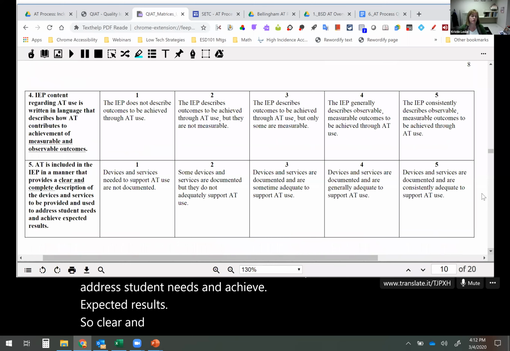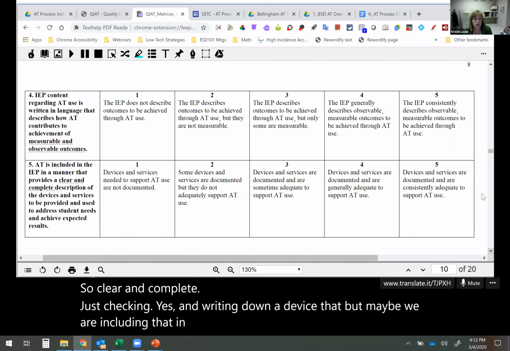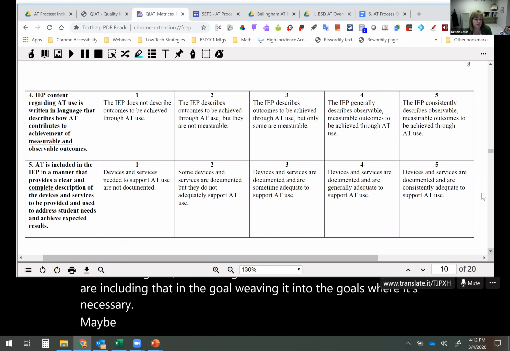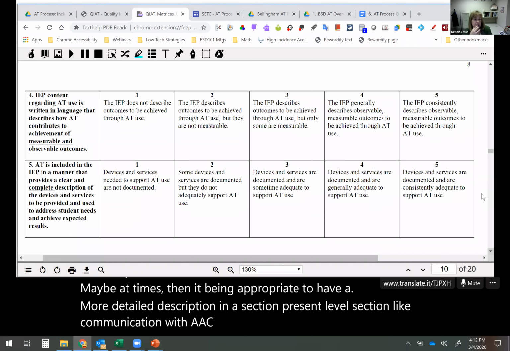We're not just checking yes and writing down a device, but maybe we are including that in the goals, weaving it into the goals where it's necessary. Maybe at times it's appropriate to have a more detailed description in the present level section, like communication with AAC. So clear and complete.